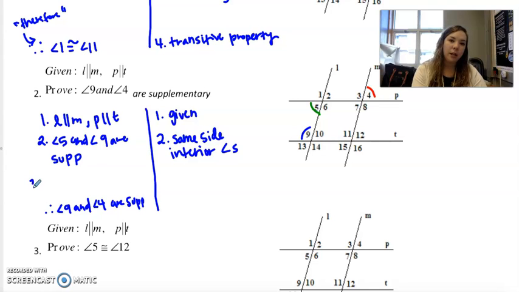And then step 3 here, angle 5 and angle 4 are congruent because they are alternate exterior angles. And then that would allow us to swap in 4 for 5 here and say 9 and 4 are supplementary by substitution.